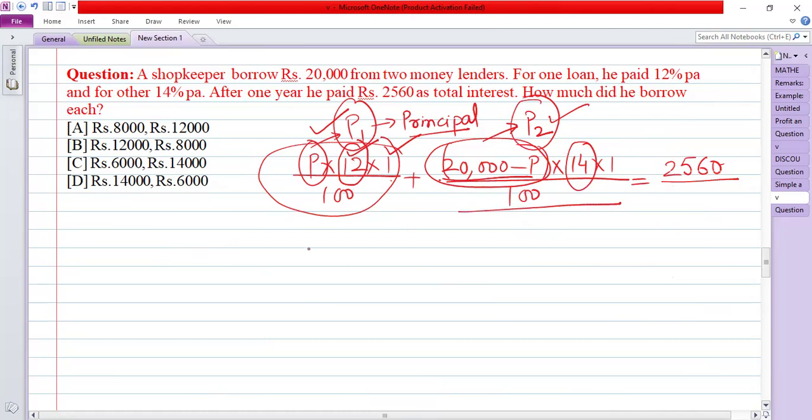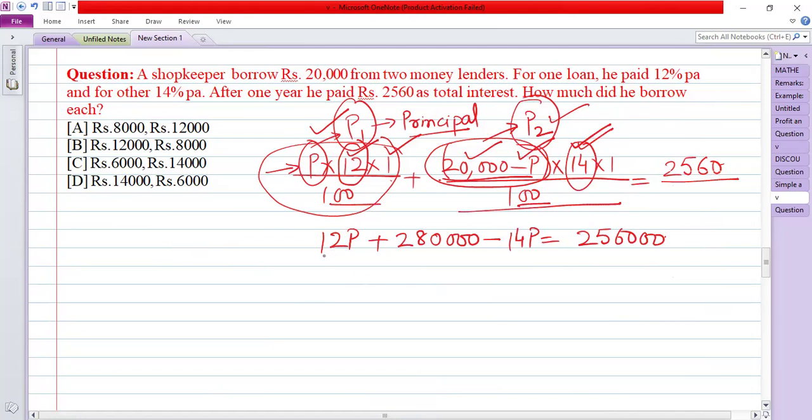And now we can simply solve. Look, here I will get 12p from the first one, and here it is 20,000 into 14. That will give me 280,000. And this minus p into 14 means 14p. And now this 2560 and this 100 will go to this side.